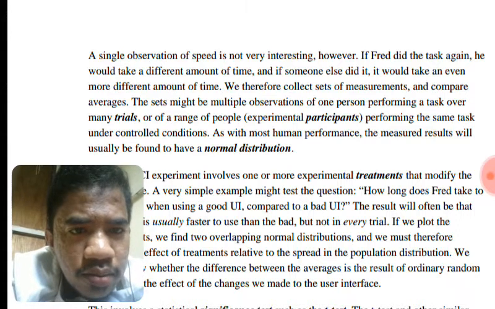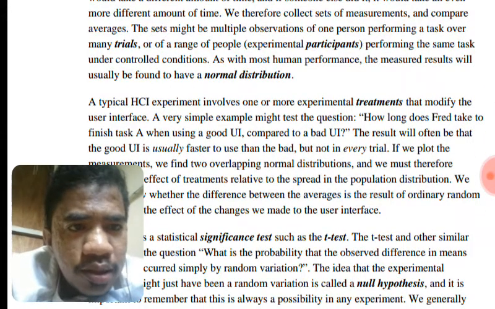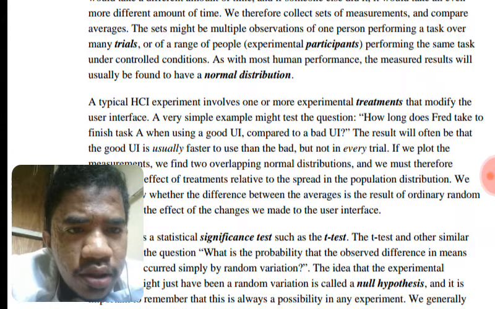The set might be multiple observations of one person performing a task over many trials, or of a range of people, experimental participants, performing the same task under controlled conditions. As with most human performance, the measured result will usually be found to be a normal distribution.